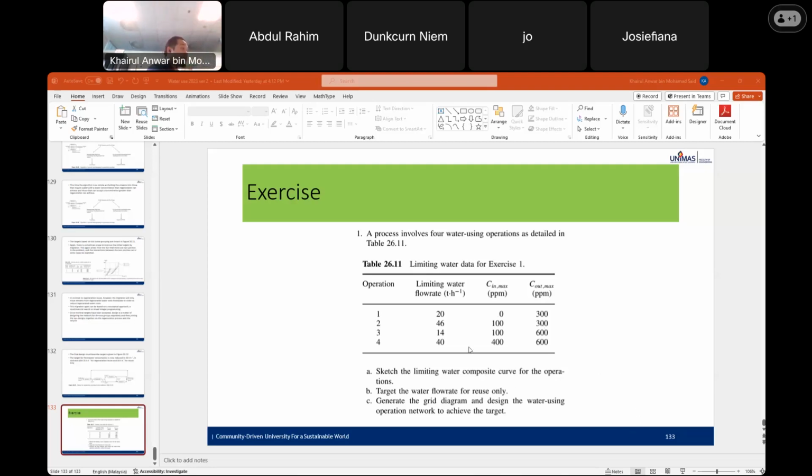So once you get the limiting water data, you can construct the limiting composite curve. That one, you need to combine the arrows into one single line.